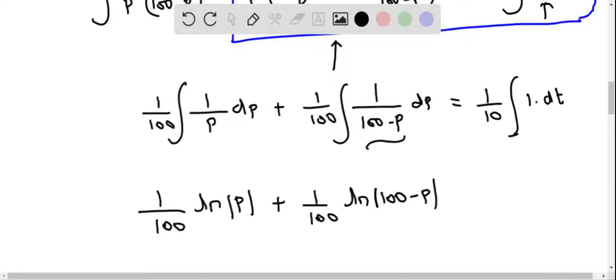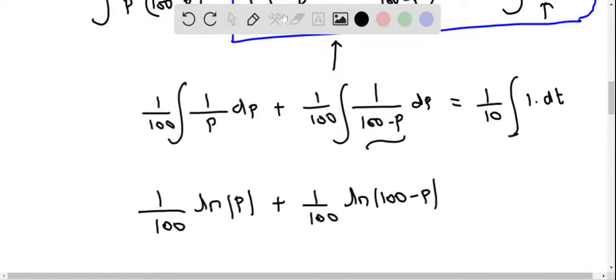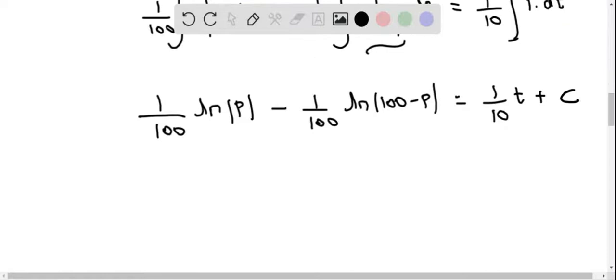So if we divide this by negative 1, this becomes negative, so that means we can change this to negative, and this equals 1 over 10. The integral of 1 dt is t. We also put the integration constant c. So we have integrated this.